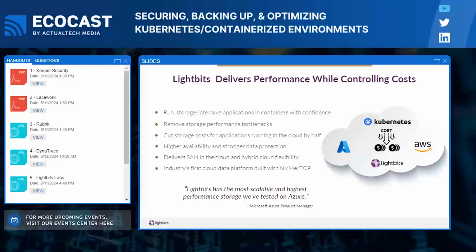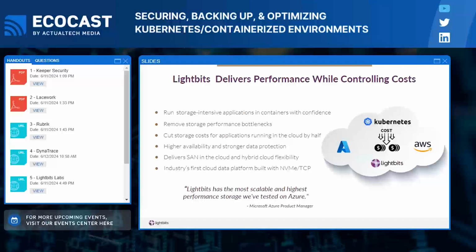Therefore, we're removing those storage performance bottlenecks, but also we're cutting costs of applications because we're better utilizing the storage that we need. If all of your applications are drawing from the storage pool, in order to increase the amount of storage, you just need to increase the storage pool and all your applications can then grow, not per node on the Kubernetes side.